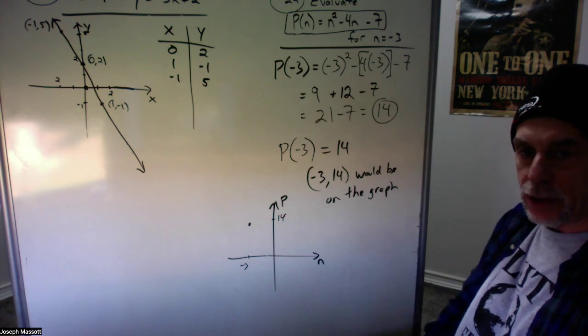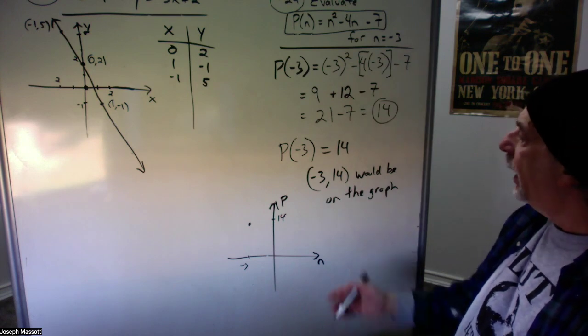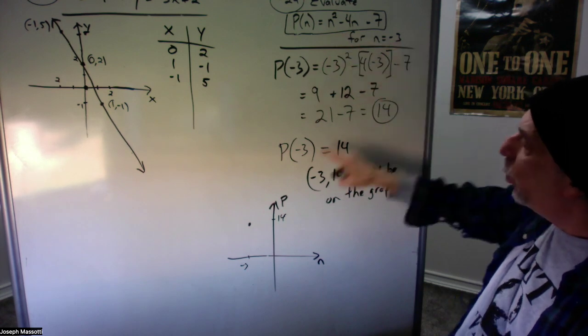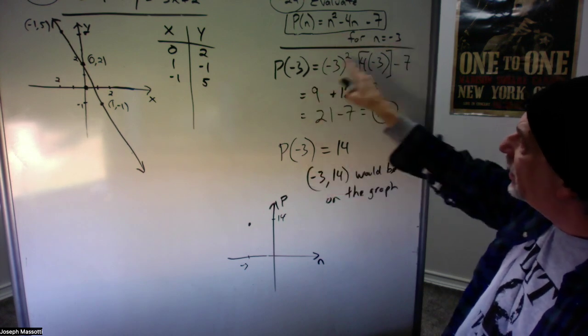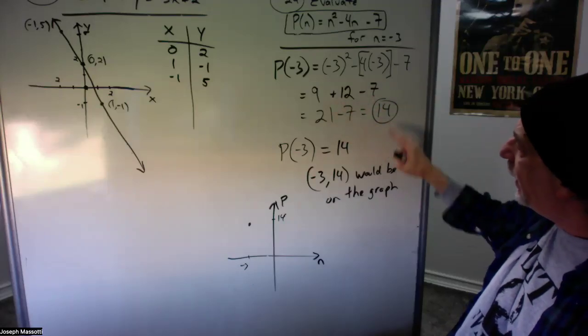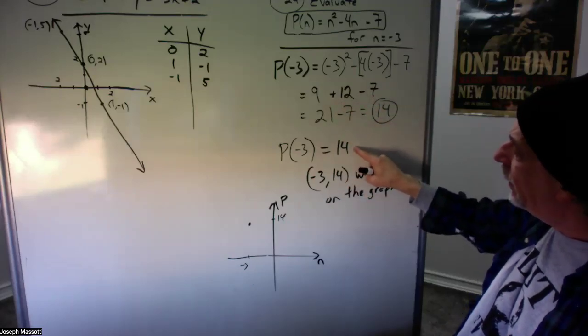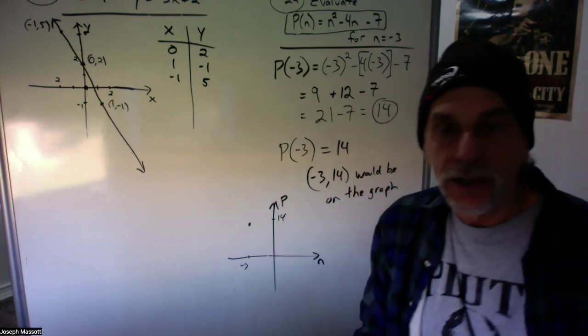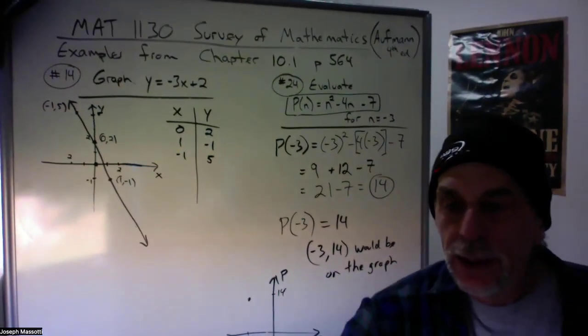Now you can do that on your calculator if you wish to, but for now, we were just asked to evaluate this function for n is -3. We did that. We put -3 into the function. We evaluated it and came out with an output of 14, which tells us -3, 14 would be on the graph. All right, so that's a couple of quick examples from 10.1.